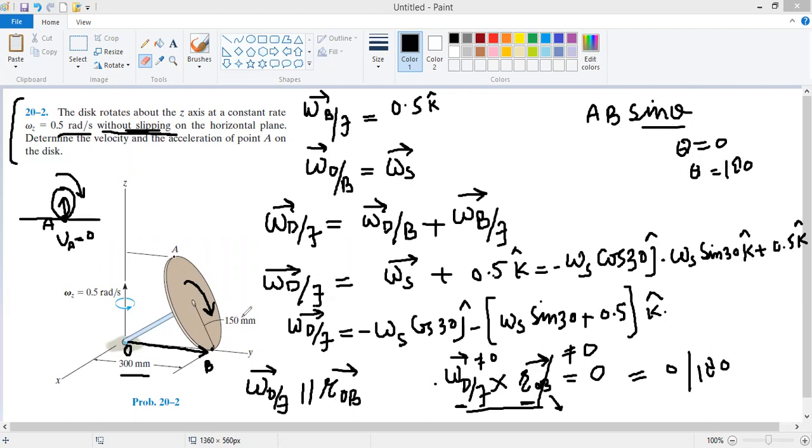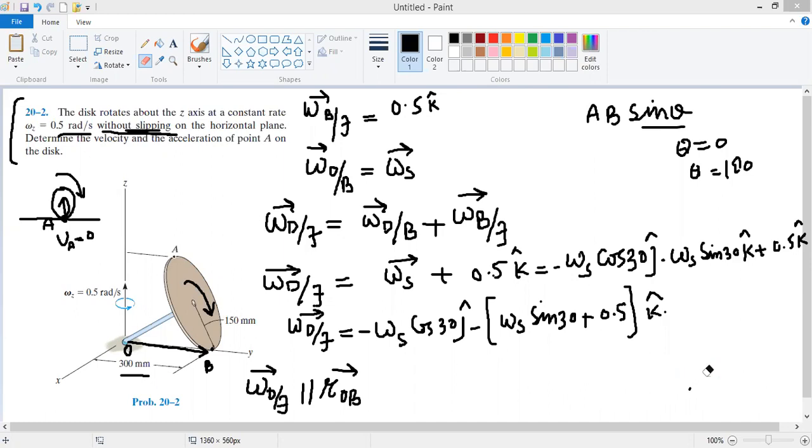So the angular velocity of the disk with respect to the ground is either in the same direction as that of the radius vector from O to B, or in a direction opposite to that of ROB. But we know, since the disk is rotating, the sense of rotation of this disk is clockwise. If we curl our fingers in this direction, the angular velocity vector has to be in this direction.